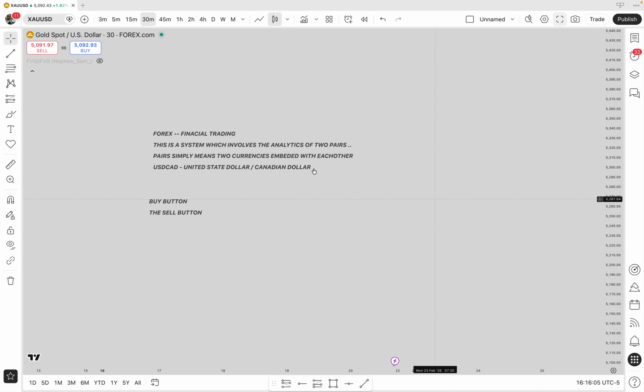Now, let's say we are looking to short the Canadian dollar, and let's say the Canadian dollar is about 5,361 here, right? If we say we're looking to sell the Canadian dollars from 5,361, right, to price range 5,200, that means we are looking to sell from a specific area in price to another.